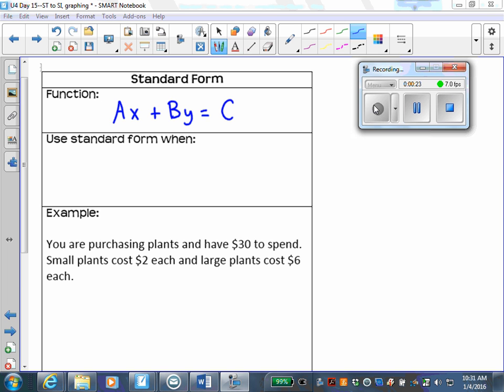And we use standard form for real life situations when you know two different rates and a fixed amount.